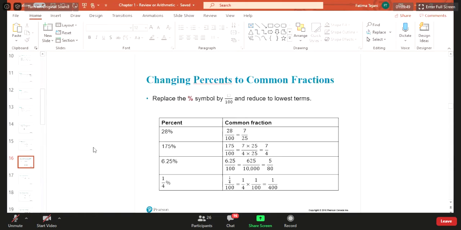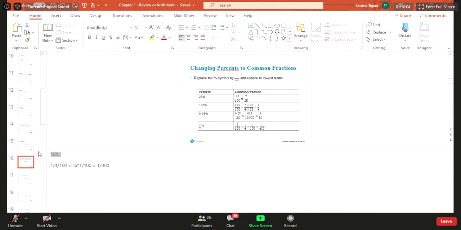Now 28% is 28 divided by 100. So 28 percent, when you convert it into a fraction, you divide by 100. Now you want to reduce it to the lowest term.